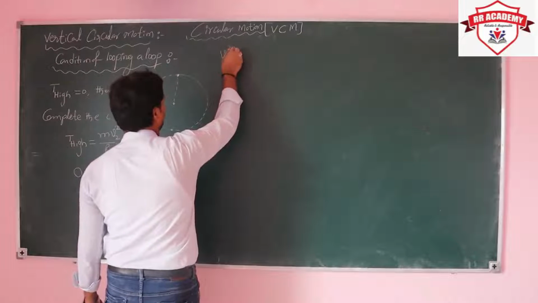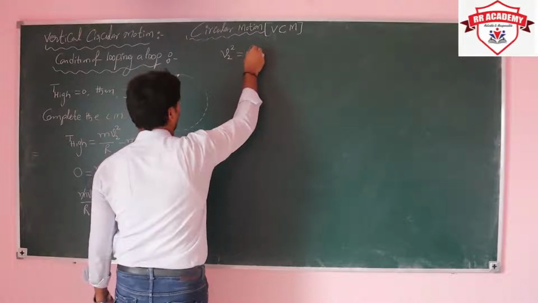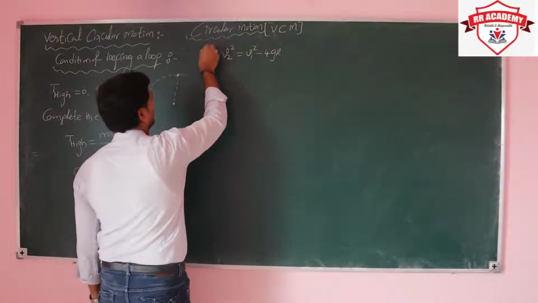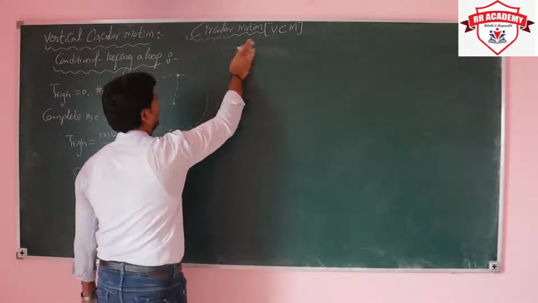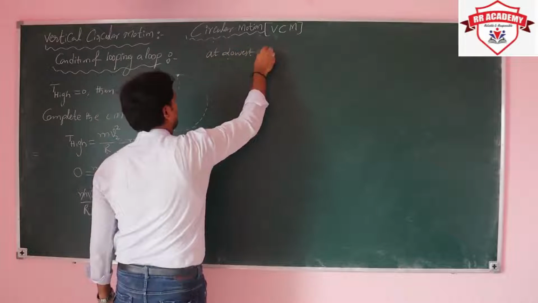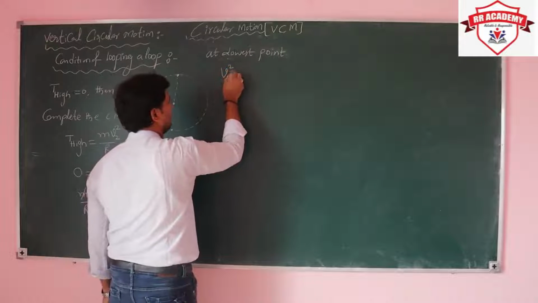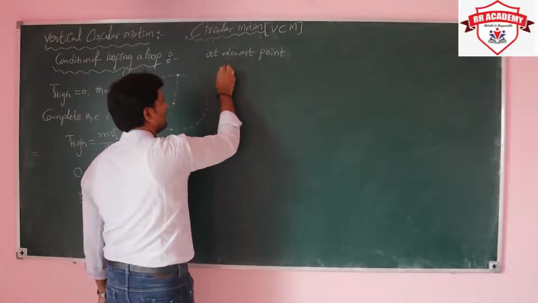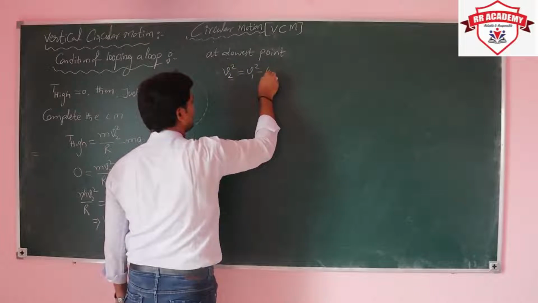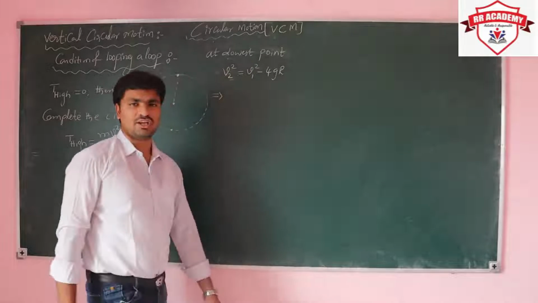Velocity at the lowest point: generally we know that v2 square equals v1 square minus 4gr, where v1 is the velocity at the lowest point.